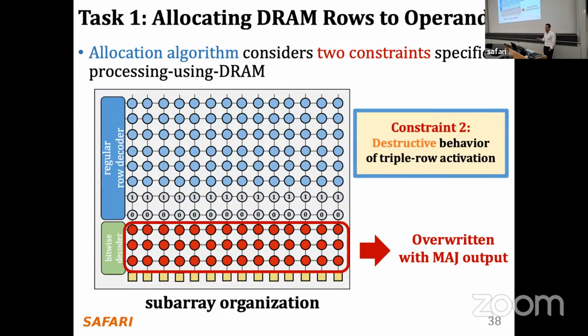Because that is what the activation does. And then when the local sense amplifier finishes the amplification process, the charge restoration process is going to start automatically right after. So the data that is latched in the local sense amplifier is going to start being written back to those 3 DRAM cells that were involved during the computation. So if you need the data later on for future use, you need to copy it to a temporary row, otherwise you're going to destroy the data.